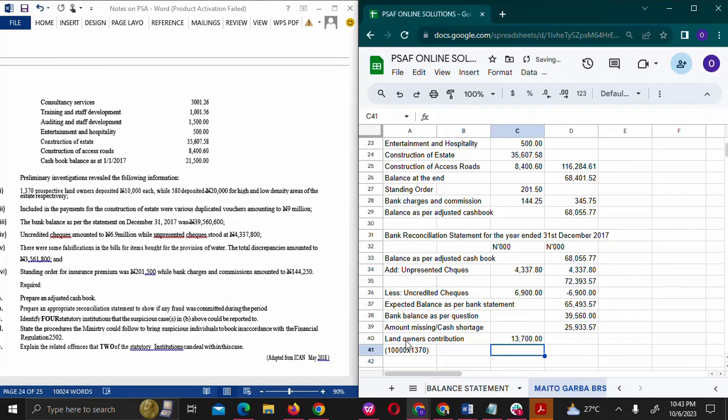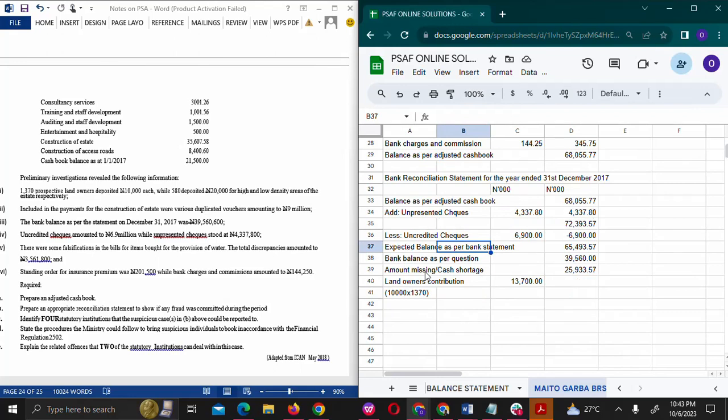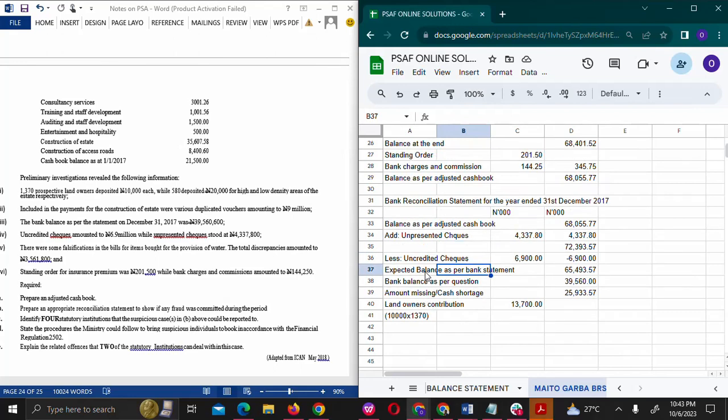Can you hear me? What's the issue? Sir, your audio is not clear. I could not even get the two things we used to compare to get the missing amount. You talked about the bank balance, then the other one I couldn't hear. The audio is not clear at all. The screen is just on one point, I'm not even seeing what you are doing. I think it's hanging also. Hold on, just a minute.